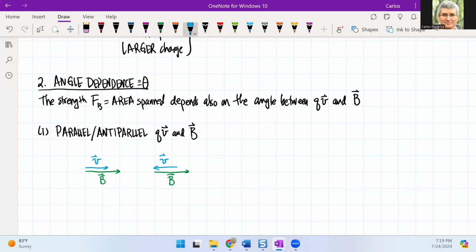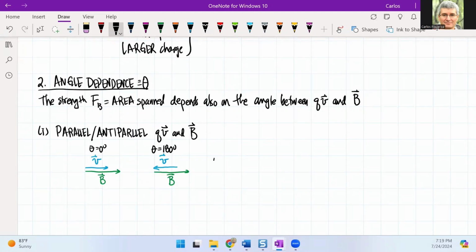So in this situation, we're seeing that at theta equal to 0 degrees, and at theta equal to 180 degrees, the area spanned is 0.